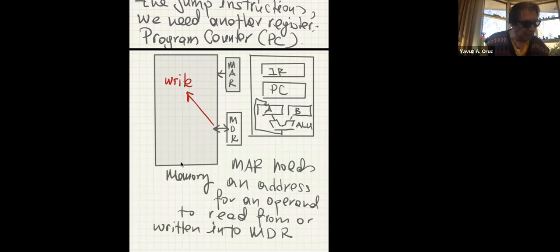And that arrow here means read. You can either read or write. When you write, you push the stuff in. When you read, you take it out. So the read and write words are with respect to the memory itself. We're writing into memory and we're reading from memory. Whereas this right up here is just the opposite, because I wanted to emphasize MDR here.